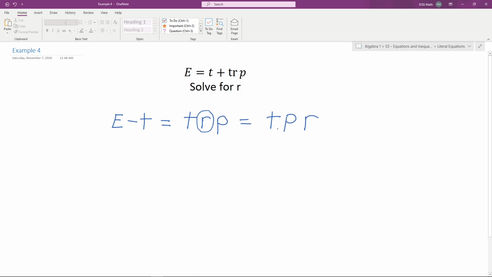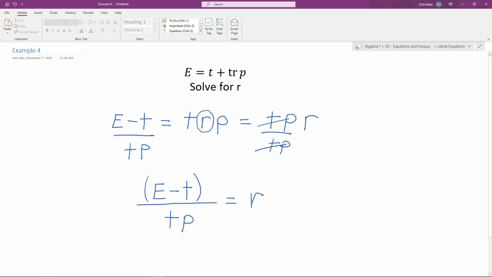So in order to isolate R, I'll divide by TP, and then on the left side by TP. And so these will cancel. And so what you'll end up with is E minus T all over quantity, or T times P, equals R.